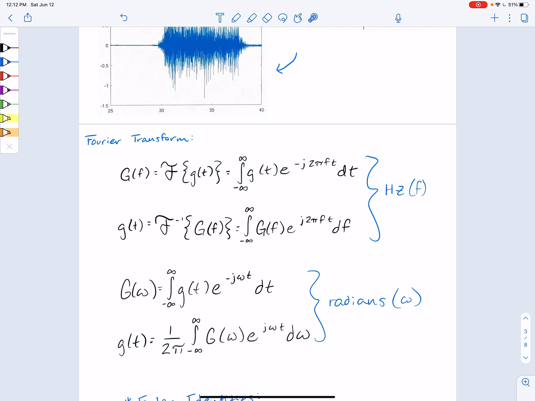And one thing I just want to mention is that sometimes in the frequency domain we use hertz, for which we use the variable f, or we use radians, for which we use omega. So if the test is multiple choice and you're seeing omegas in the answer choices, just make things easier and go with these equations.